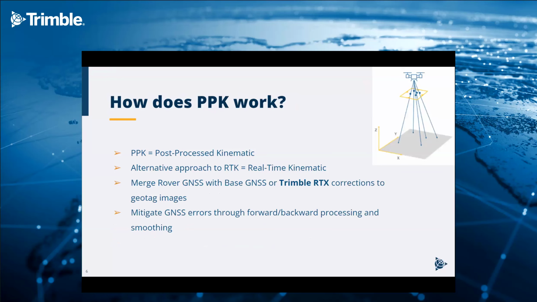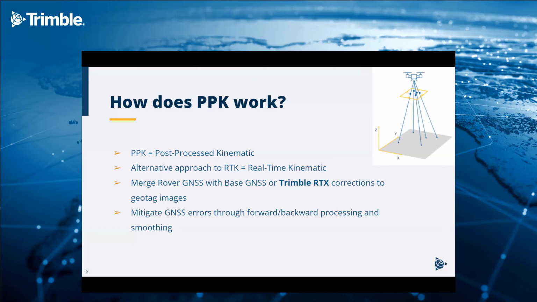So how does it work? You probably know that PPK stands for post-processed kinematic, and it is an alternative approach to the famous RTK mode. RTK stands for real-time kinematic, where the correction data are coming into the receiver in real time.